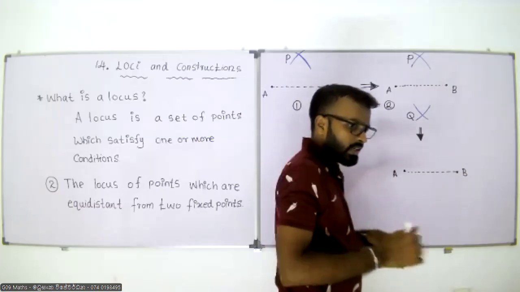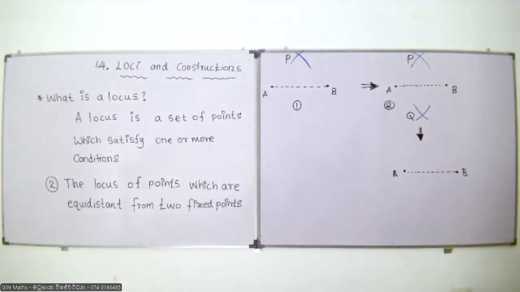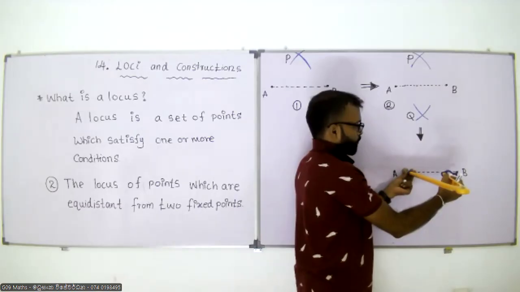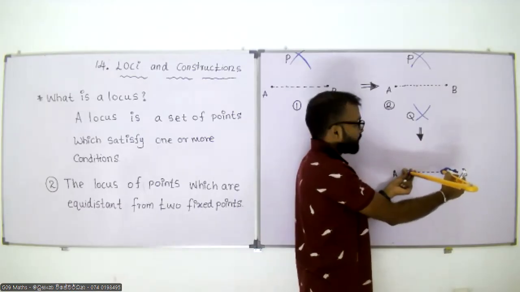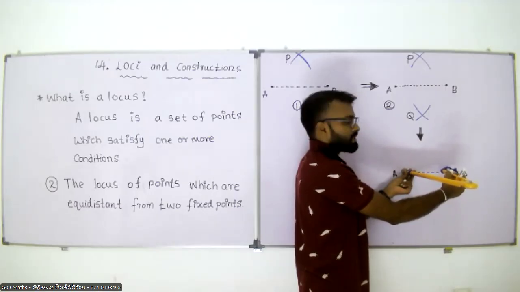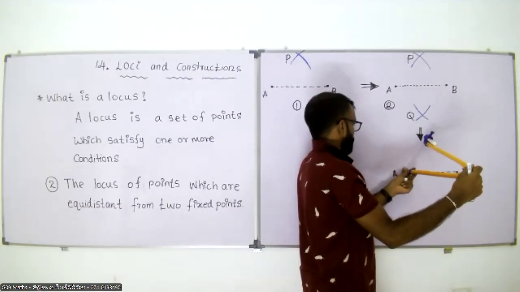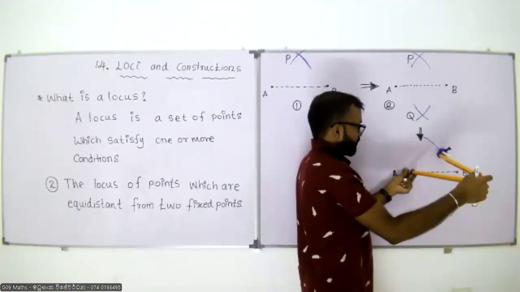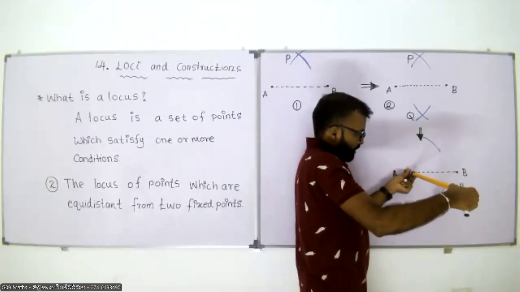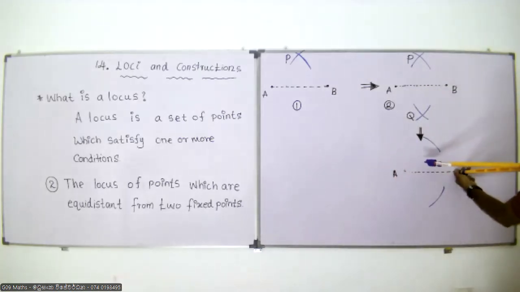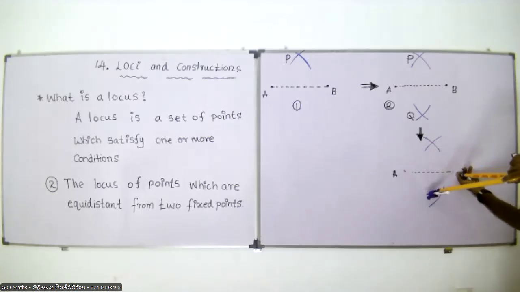Take the pair of compass and put point of the pair of compass on point A. Take more than half of the length of the AB distance to the pair of compass, and don't change the distance and put arc here and put second arc down here and move the points A to B, and draw the same arc which intersect with the upper point and the below arc, like this.